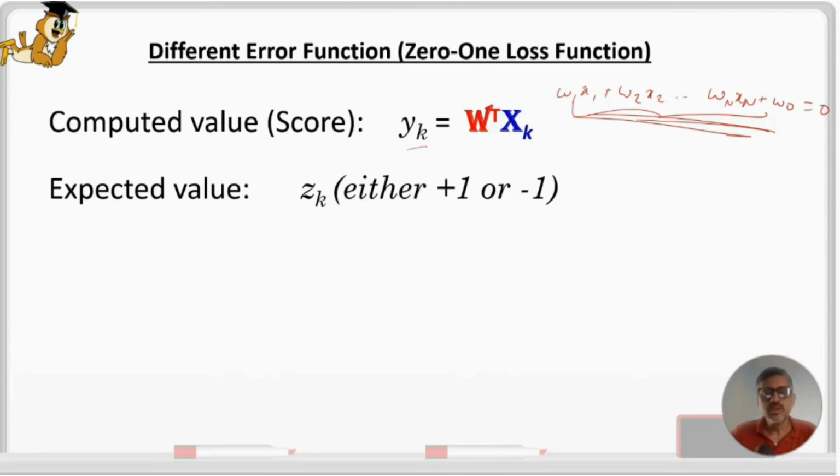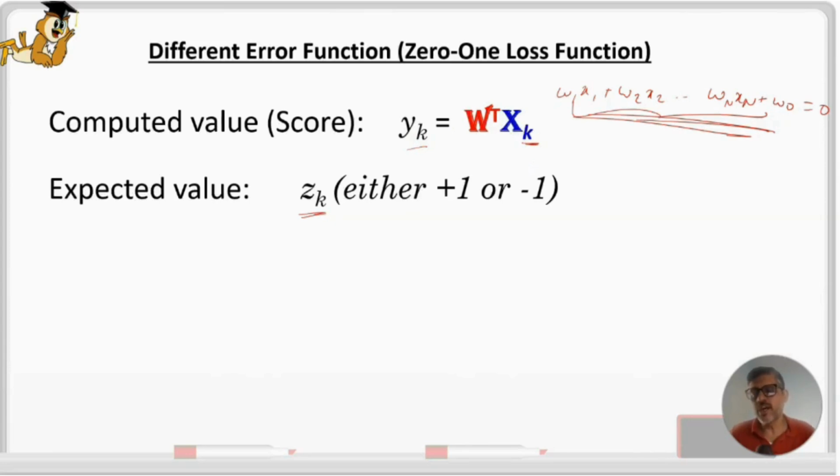Expected value. Now this is a slight change. See this carefully. The expected value we define as zk for a particular input k. Here also yk is w transpose xk, where xk is a particular input. k will be the running variable over all your training data.